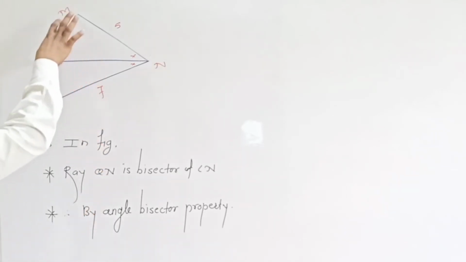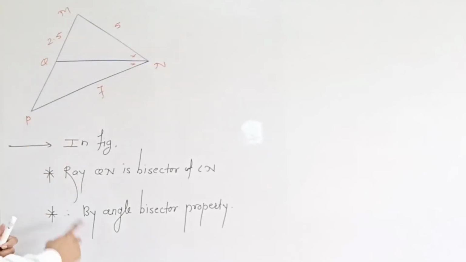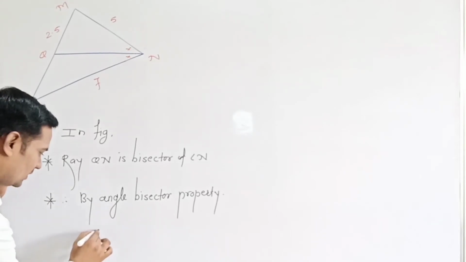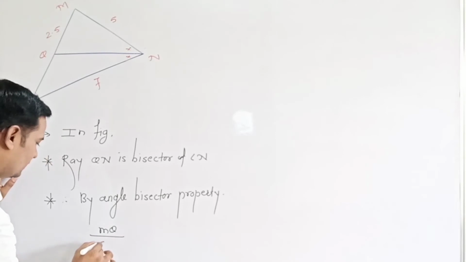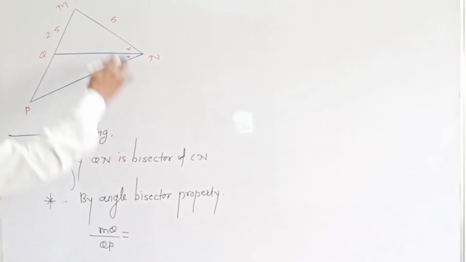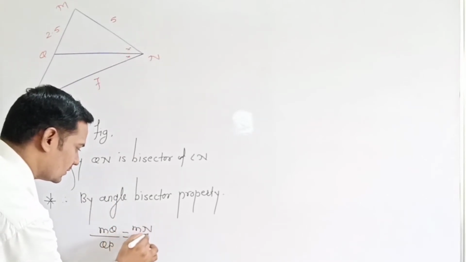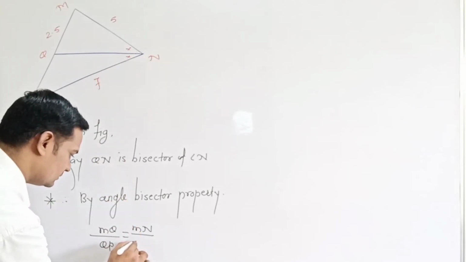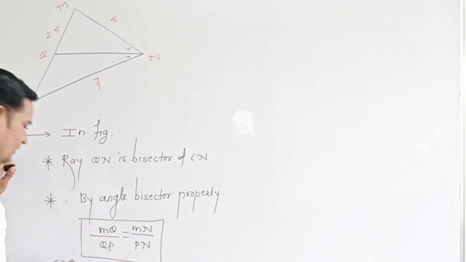So we take the ratio of these two equal to the ratio of the remaining two sides. So MQ upon QP is equal to, now these remaining two sides, MN upon PN or NP.